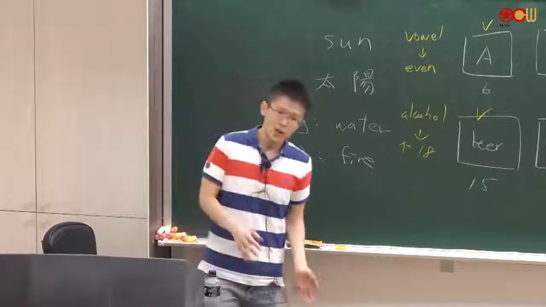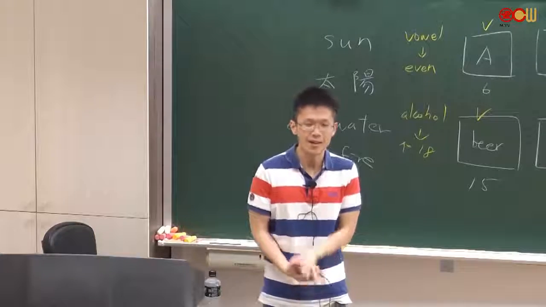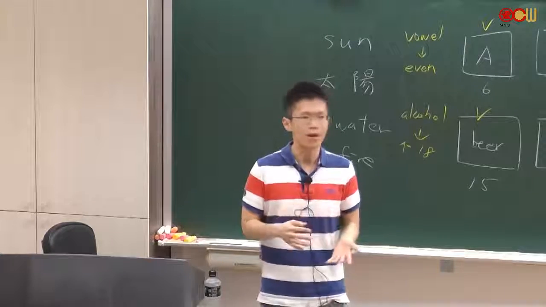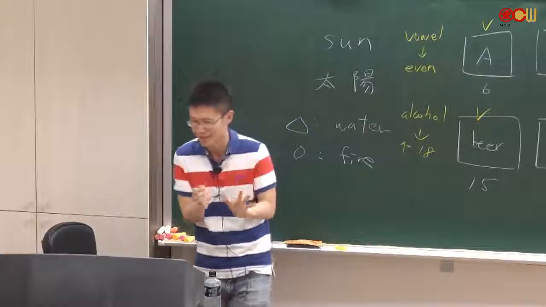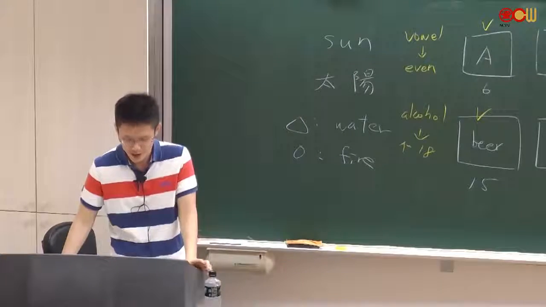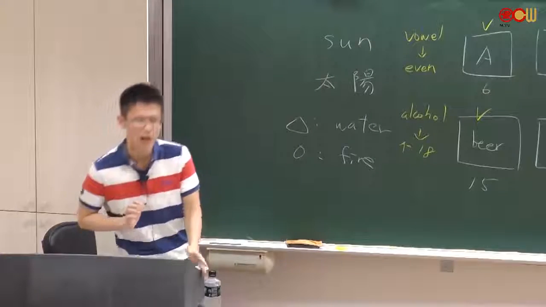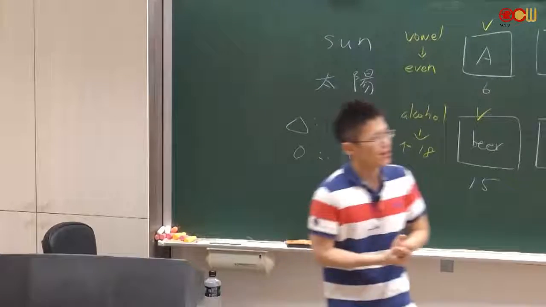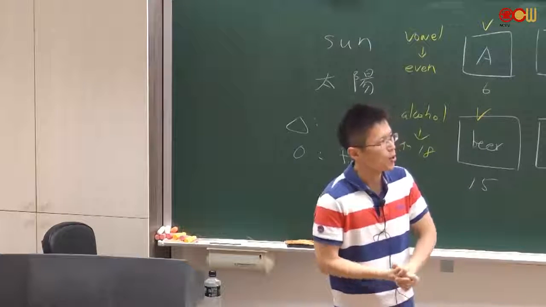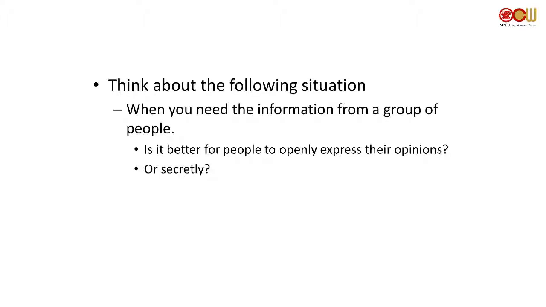So when you are guessing, when you are facing uncertainty, you rely more on the information you come across first. This heuristic is the anchoring heuristic. So you can think about this. When you need information from a group of people, imagine there's a meeting, and you want to get advice from everyone in the group. Is it better to let people express their opinions openly, or to get information individually from everyone?